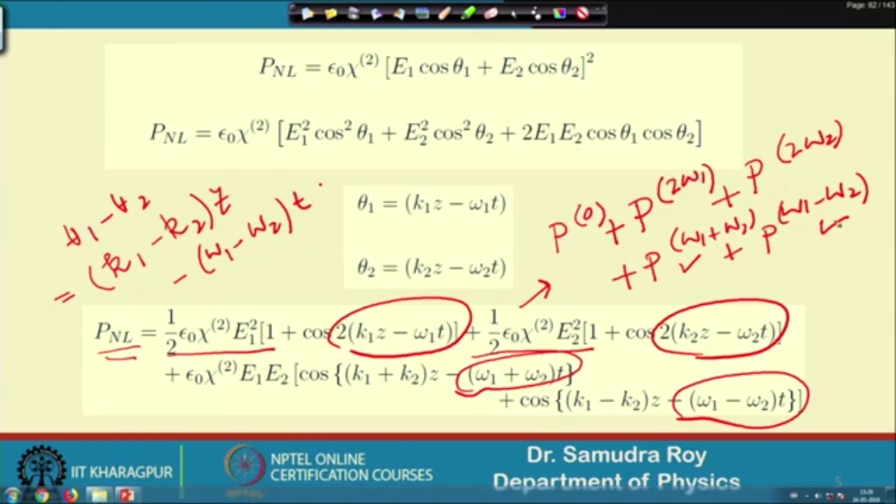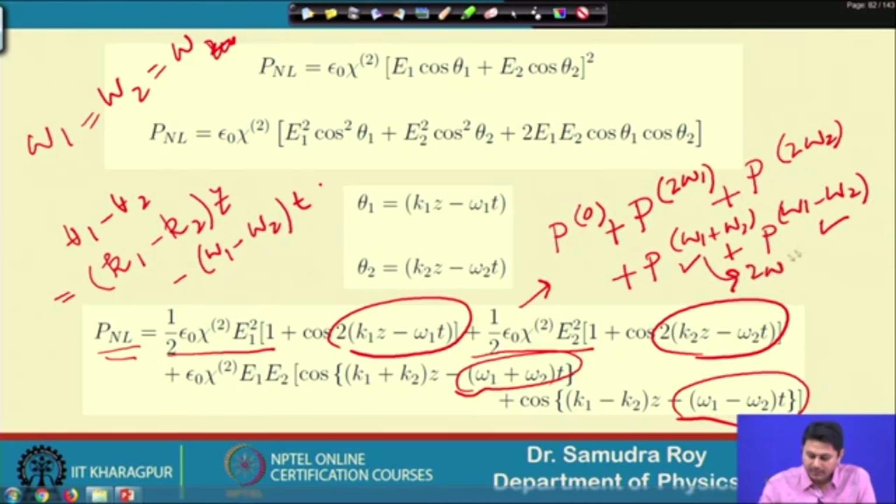So, one thing one can also understand is that if omega 1 and omega 2 are the same, that means omega 1 is equal to omega 2 is equal to omega, then this term will become 2 omega and this term becomes 0. So, everything will collapse. 2 omega 1 will become 2 omega, 2 omega 2 will become 2 omega.